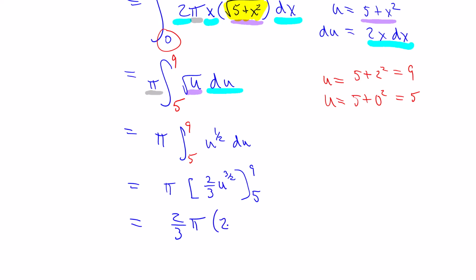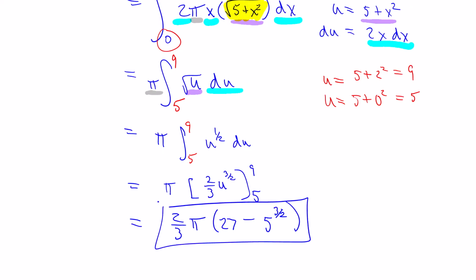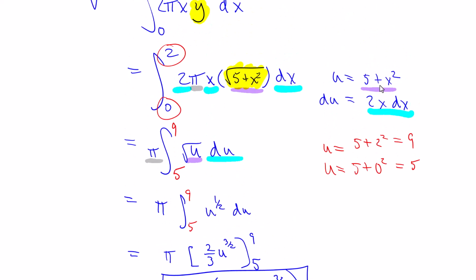And then we would end up with 27 minus 5 to the 3/2. Again, that's just plugging in 9 for u, and then subtracting plugging in 5 for u, factoring out the 2/3 and the pi, and this is our exact form answer. You can approximate that, and double check it with a calculator, but that should do it for the volume of this solid using the shell method.